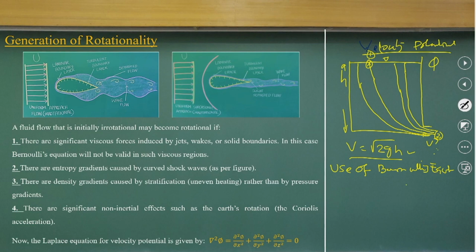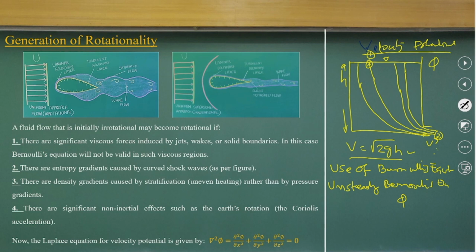If you refer to the F.M. White book, even the unsteady Bernoulli equation we can write in terms of phi. That is not a big issue, you can just refer to that book.